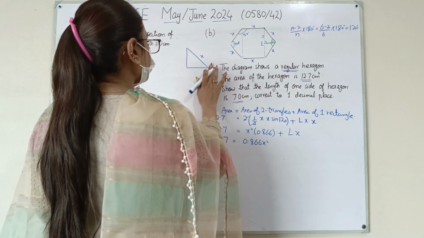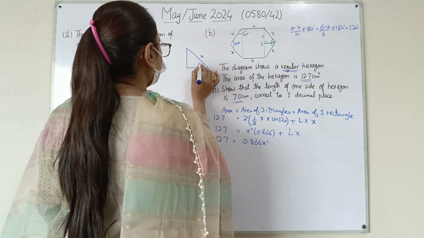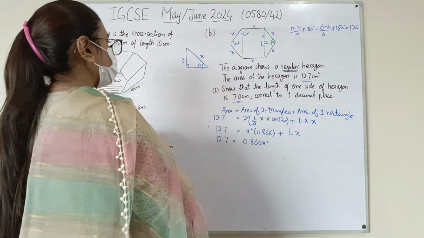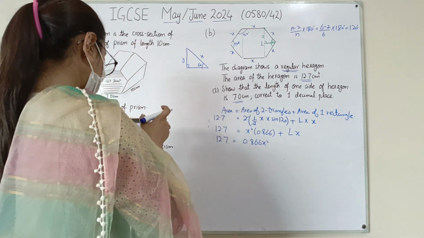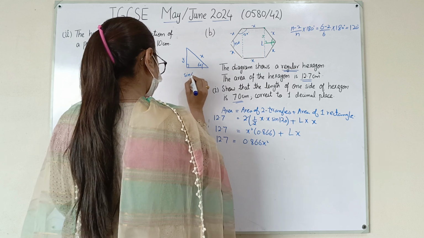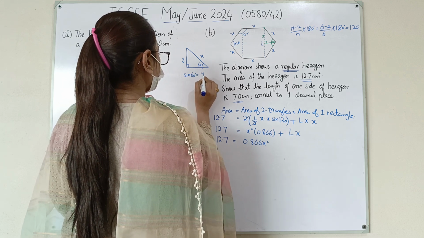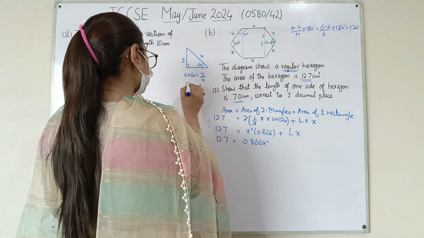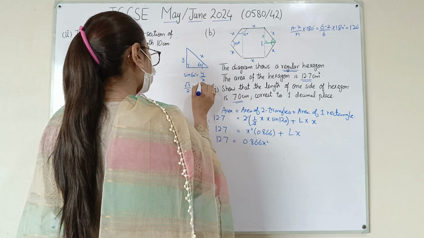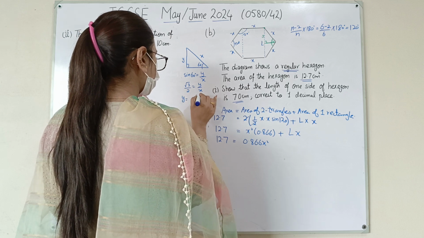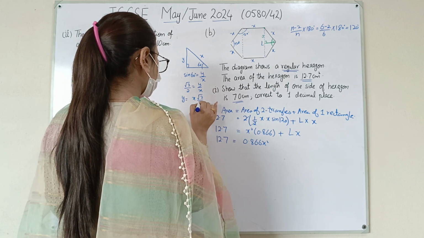This is x, this is 60 degrees, this is y, this is 90 degrees. So apply the ratio over here, that is sine of 60, which will be y over x. Sine of 60 is always equal to square root 3 by 2, so y over x. So the value of y is x square root 3 by 2.